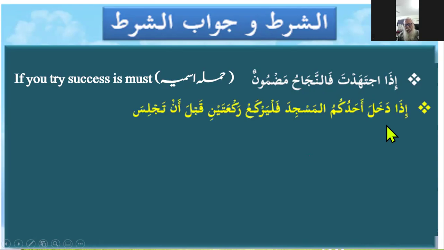Another example from the Quran. Iza dakhala ahadakumul masjid falyarqa rakataini qabla an tajlisa. Iza dakhala ahadakum masjida is a shart, a conditional sentence. Now, the answer is yarqa rakataini qabla an tajlisa.